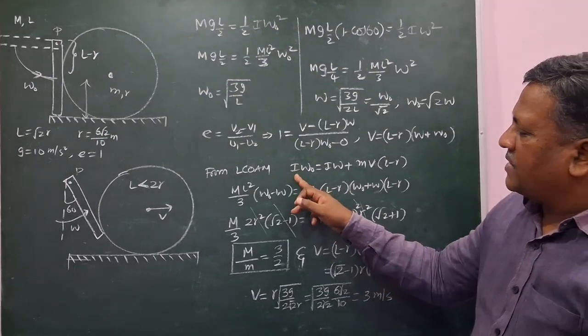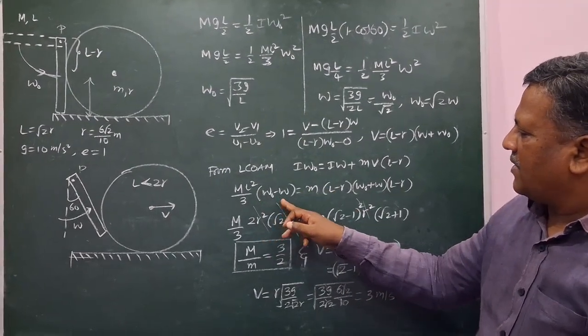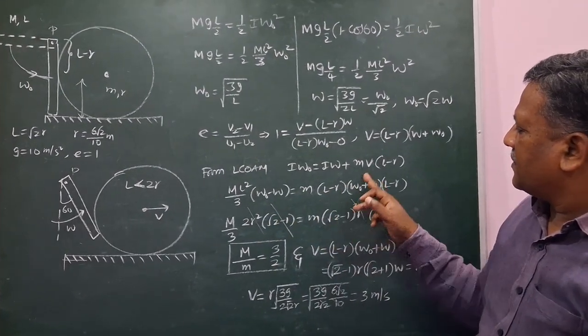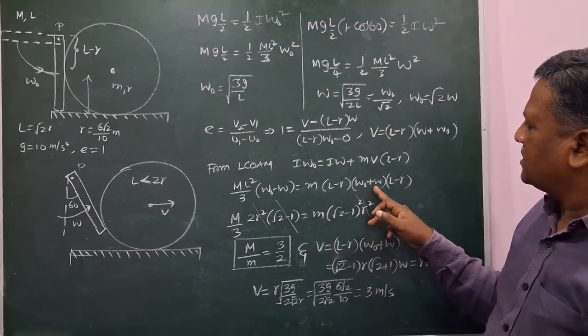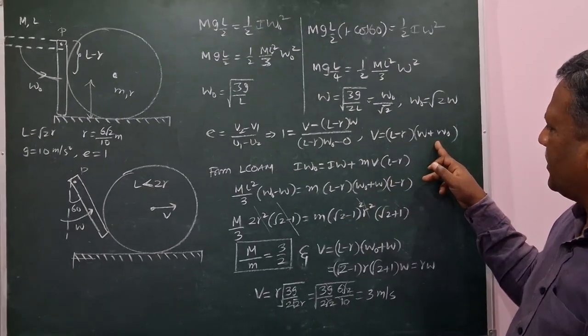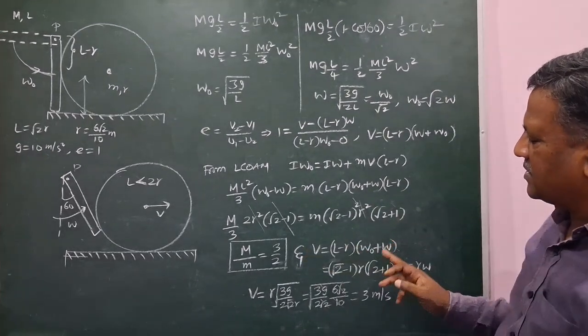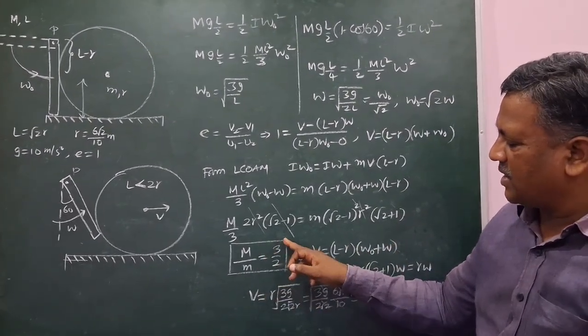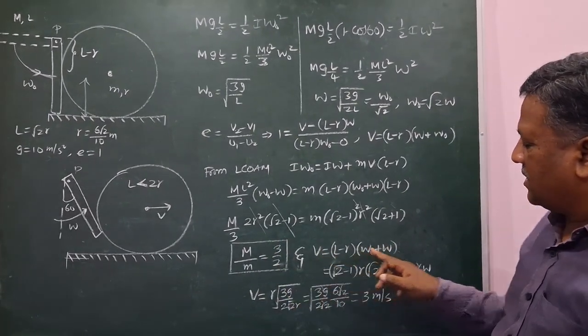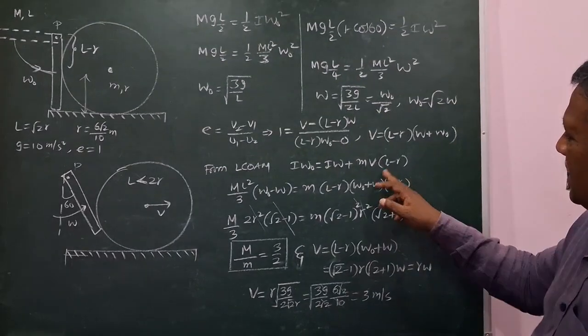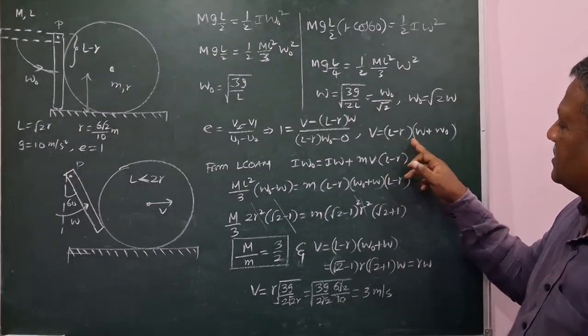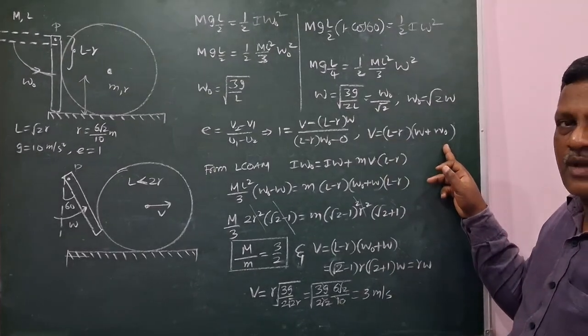Substituting I and v, where v is L minus r times omega plus omega naught, after simplification we get capital M by small m equal to 3 by 2.